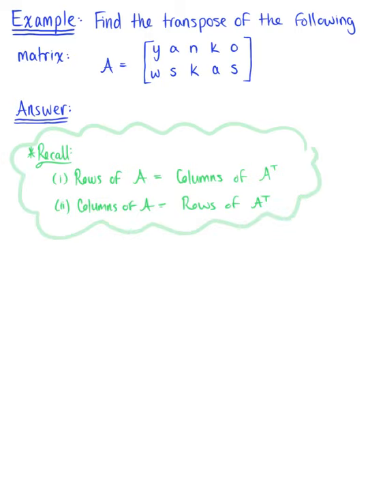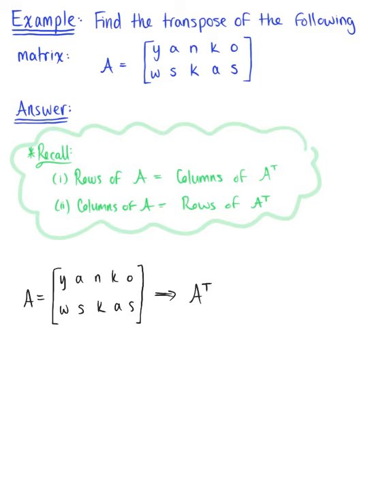So we have matrix A, and this is defined as Y-A-N-K-O, and the second row is W-S-K-A-S. Now, before we go ahead and even define A transpose, let's make a couple of observations.